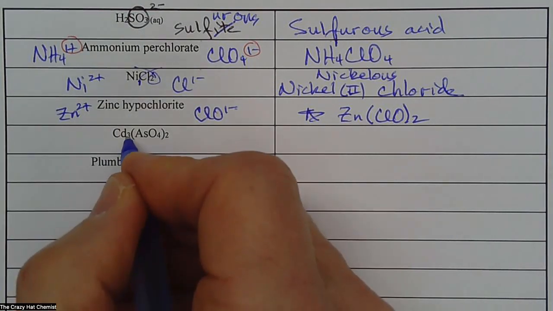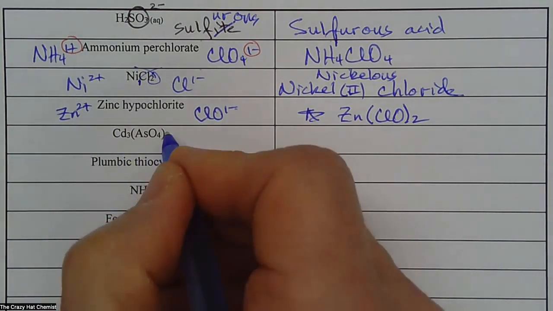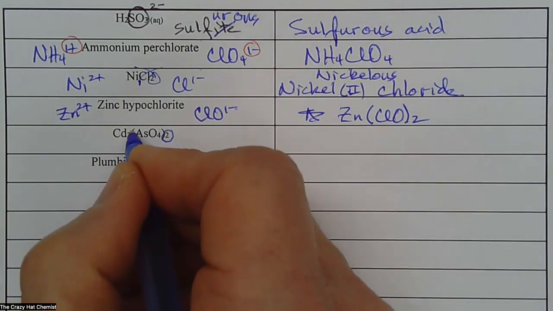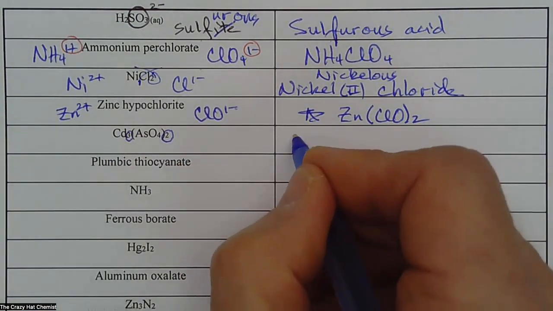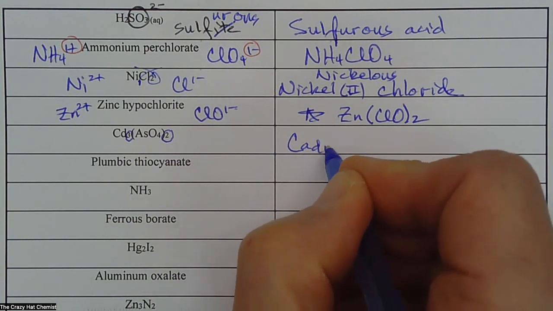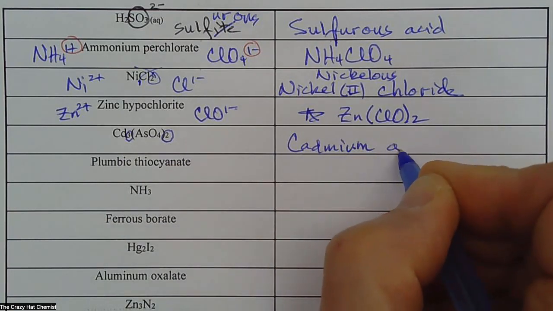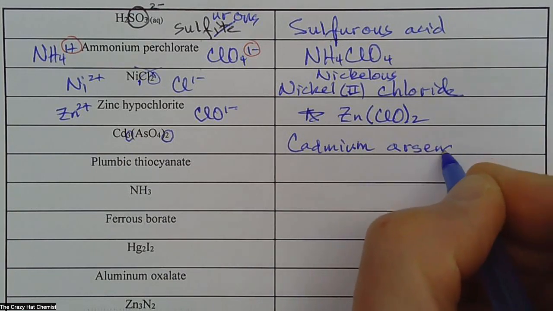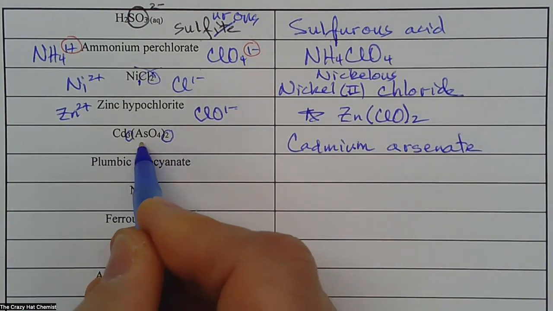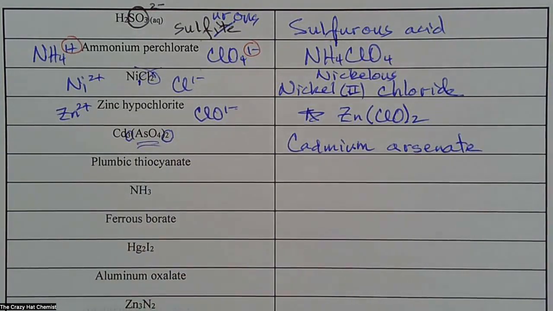The next one is cadmium and then arsenate. Cadmium is a 2 plus charge. Arsenate is a 3 minus charge. Arsenate is just a polyatomic ion. Again, if you've memorized your polyatomic ions, that's very, very fast.